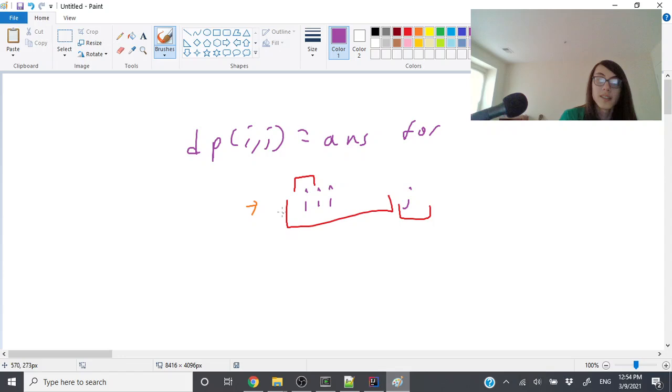Either it's the same character, in which case the new state is still DP of I and J, or it's some other character K, and it's only possible if you check certain things. But now the new state is DP of K and I.